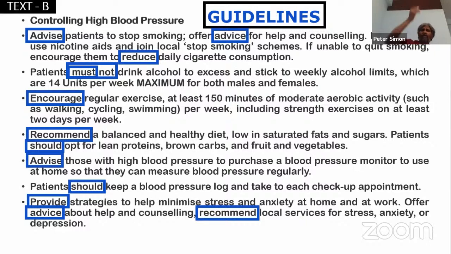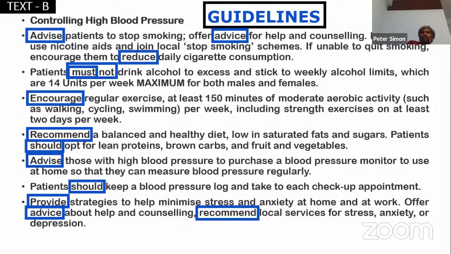I already know from the title itself, controlling. Controlling means do this, don't do this. That is called controlling. That means guidelines, what to do and what not to do. I got it from the first subtitle itself, because they have given the title, controlling.